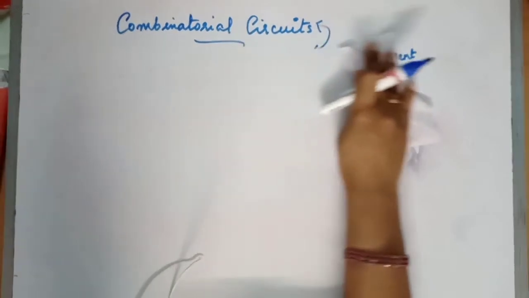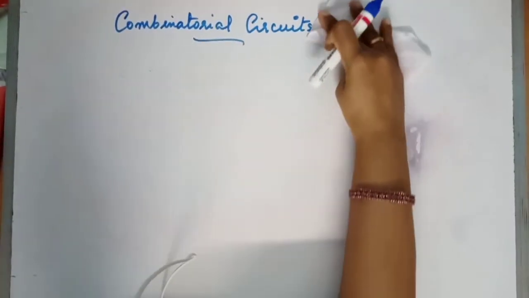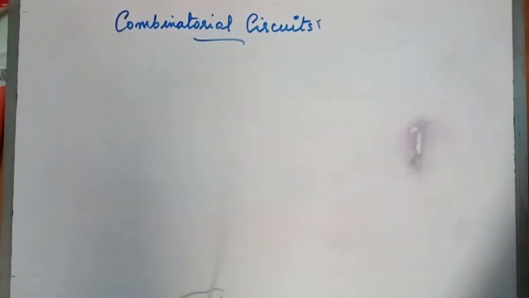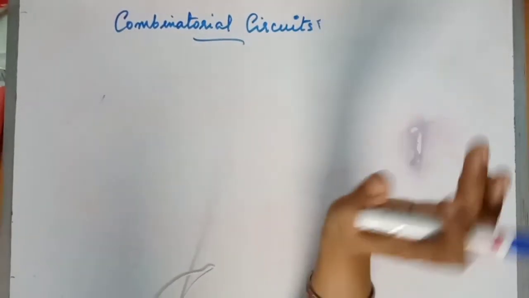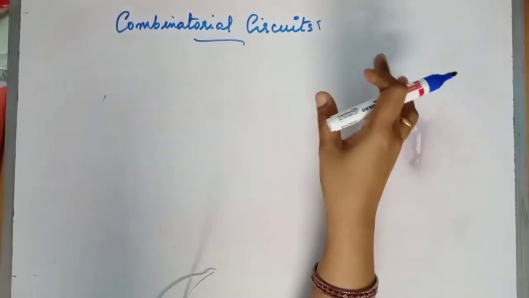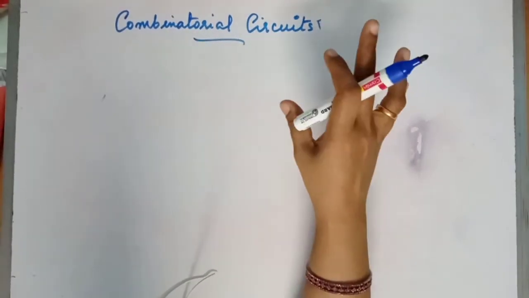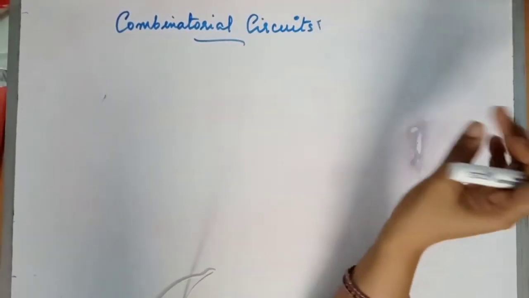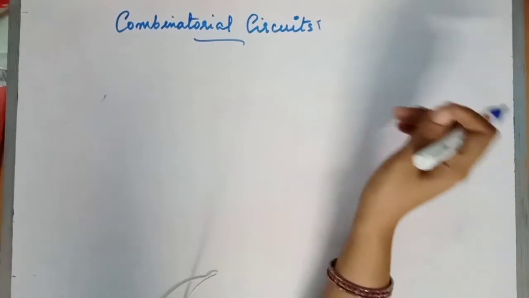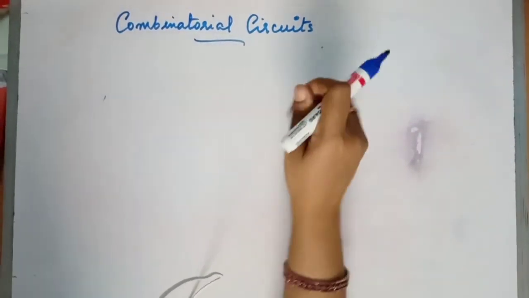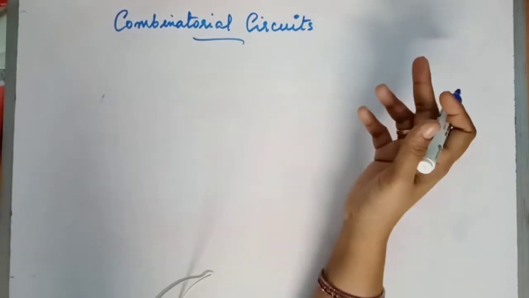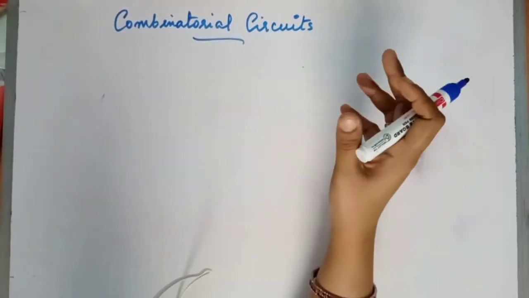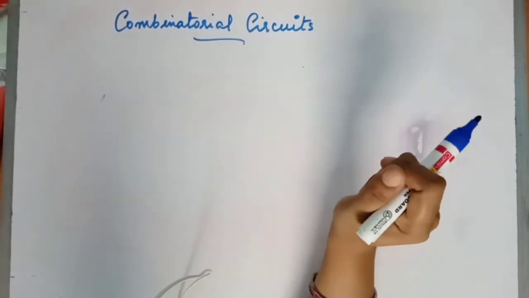So as I mentioned, in a combinatorial circuit, the output depends only on the present input. Any circuit where we give some inputs and depending on the input you get an output is called a combination circuit. You can design any circuit depending on your requirement.